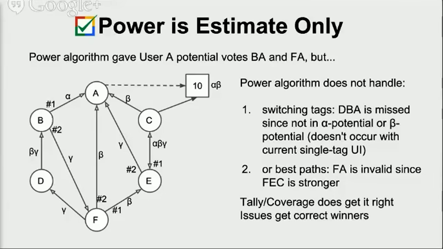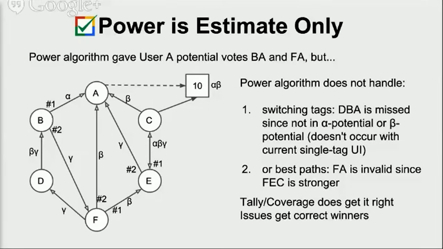So DBA actually is a valid vote, but since DBA is a tag switch from beta to alpha, it isn't included in the estimate. And also, this whole kind of global best paths thing doesn't get covered. So F actually gave their vote to C because they went through FECA along the right side of the graph.